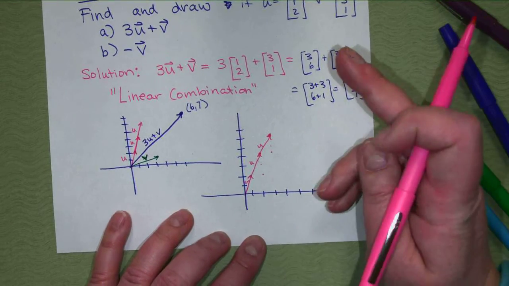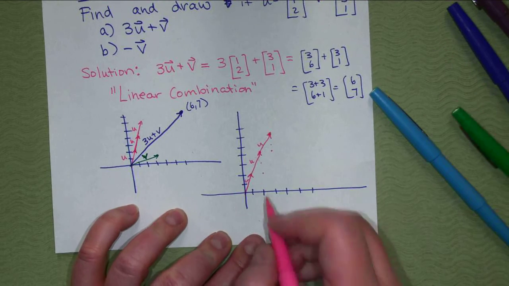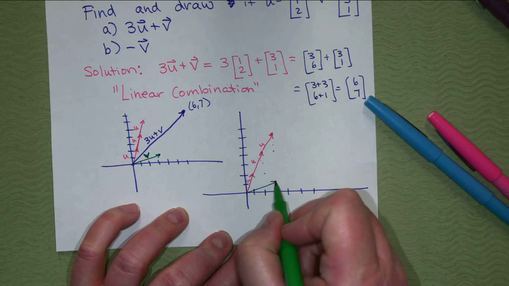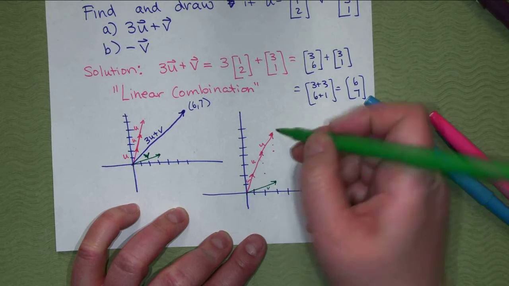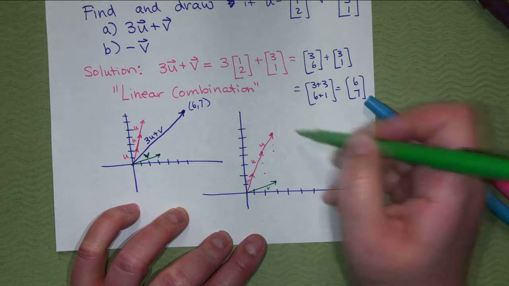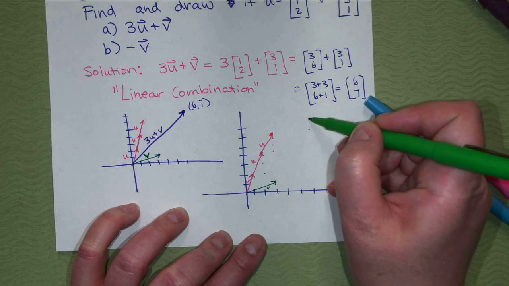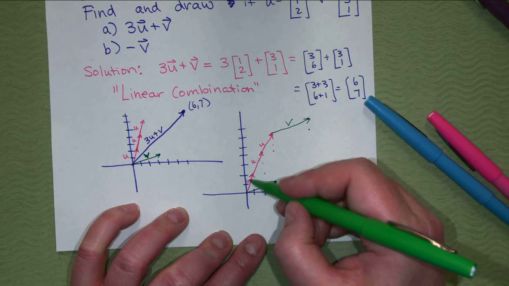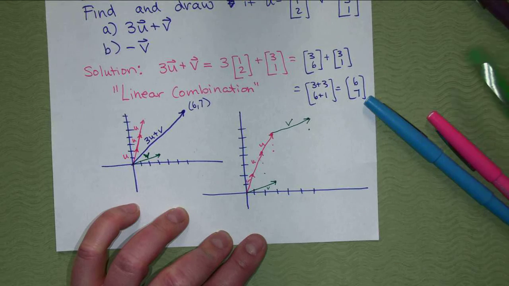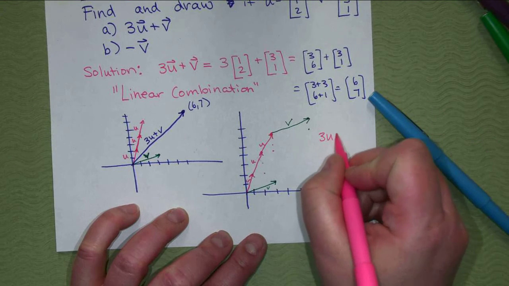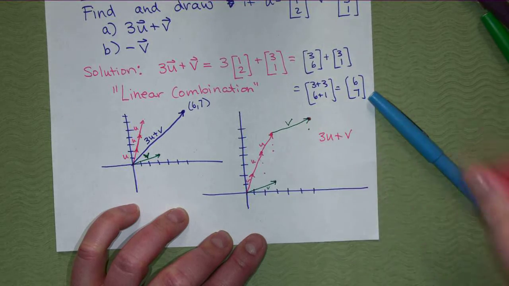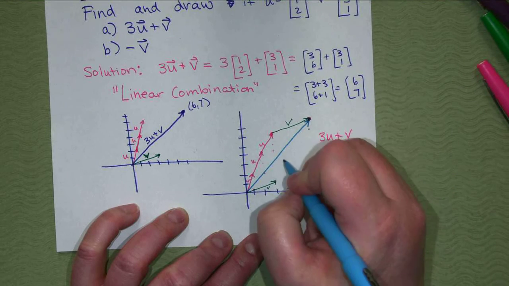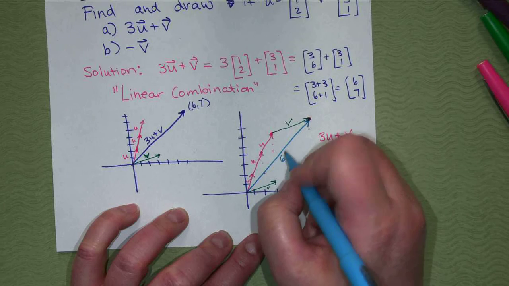Right? And v is what? Over 3 and up 1. Here's v. So I go over 3, 1, 2, 3, and up 1. There's v. So this is 3u plus v. 3u plus v gets us to this point, which is the point (6, 7).